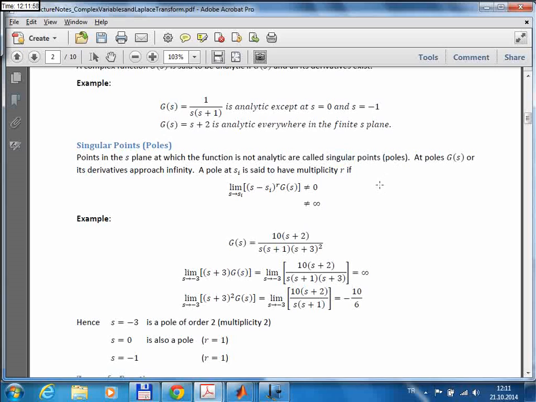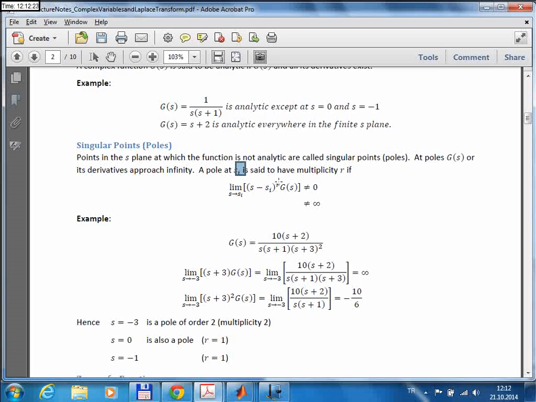So once you define a pole, then you can talk about multiple poles. And a pole on the S-plane is said to have multiplicity r if these are valid. So let's see what this says. So s_i is your pole. So you multiply your function.